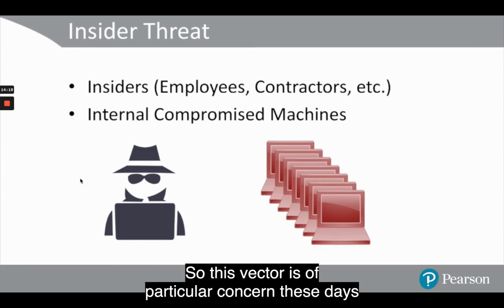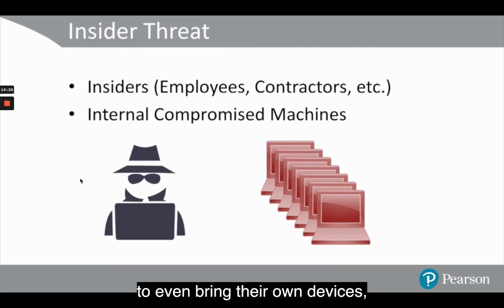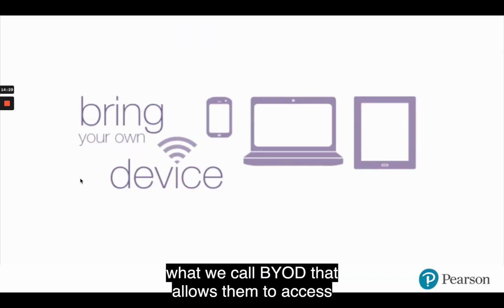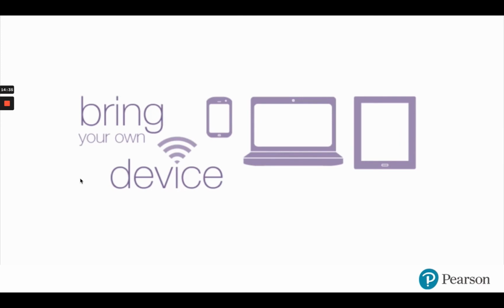So this vector is of particular concern these days, with the proliferation of organizations allowing employees to even bring their own devices, right? So what we call BYOD, that allows them to access data, applications, and devices in the corporate network.